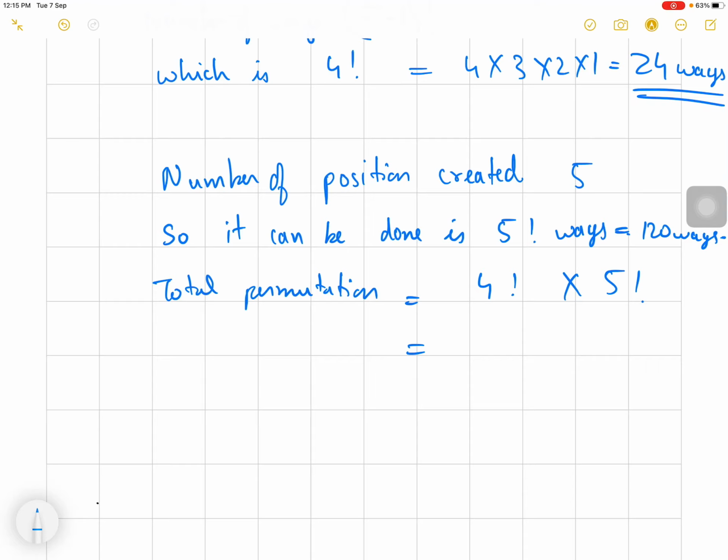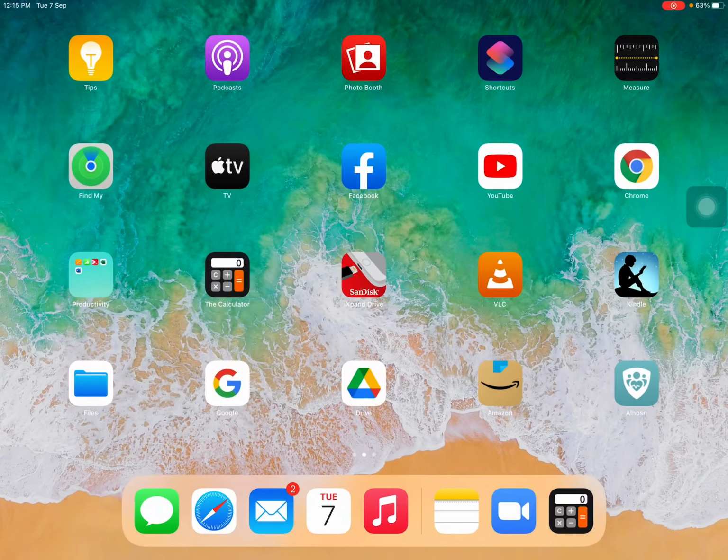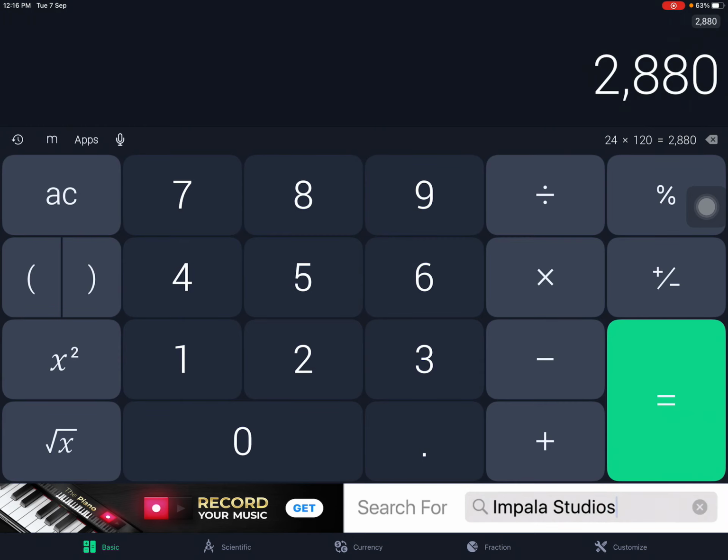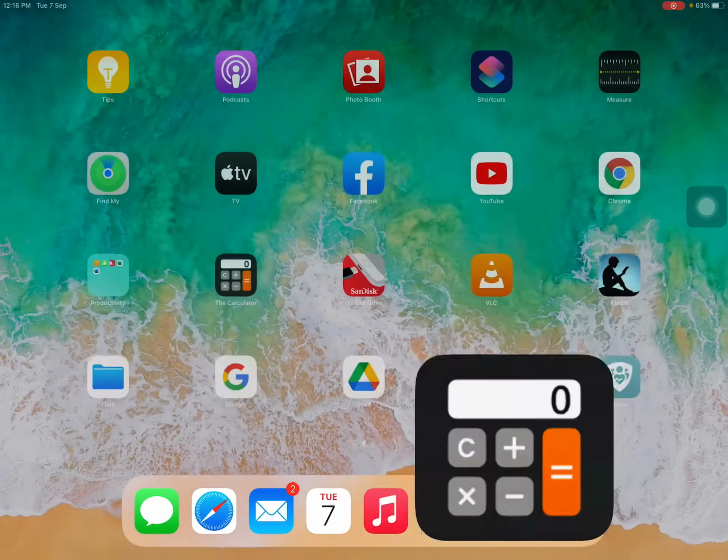There are 5 boys sitting in a circle, so you do minus 1, giving 4 factorial. Girls will sit in the remaining places. 5 places are created for girls, so you will not do minus 1 again. That is 24 into 120 ways, which comes to 2880 ways.